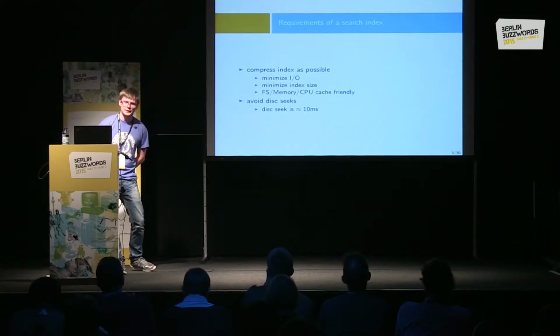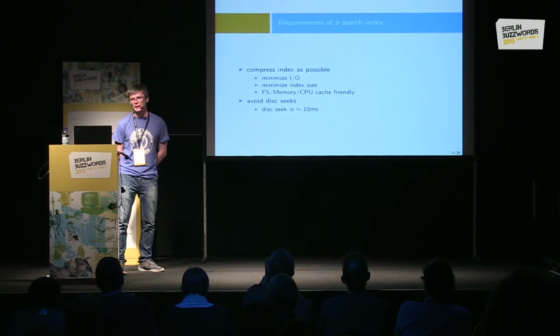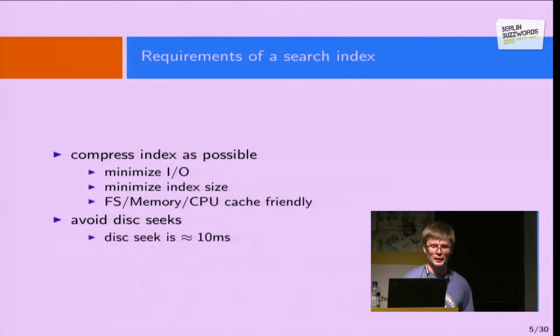In order to reduce disk latency, Lucene uses sophisticated techniques to compress this data, in order to reduce index size and minimize I/O. As a result, we can effectively use the file system, memory, and CPU caches.